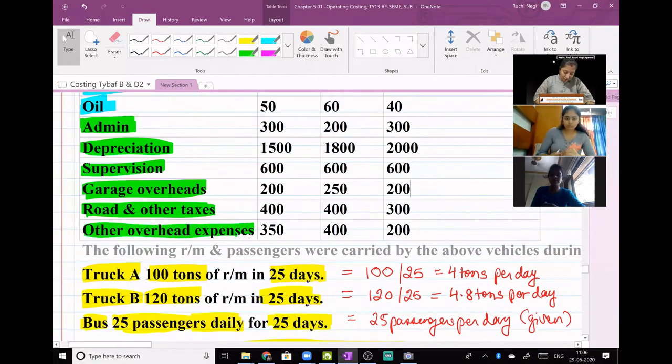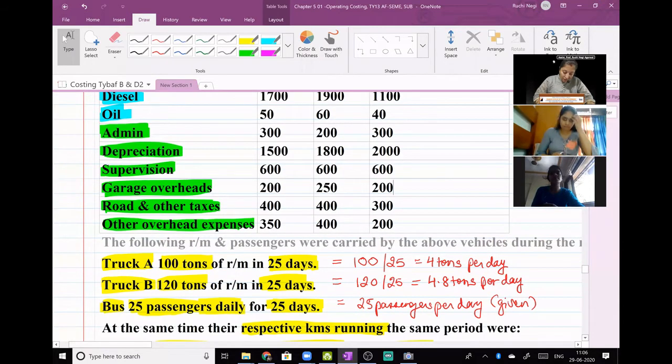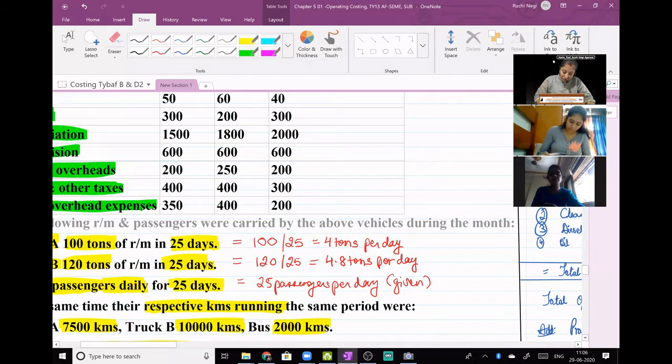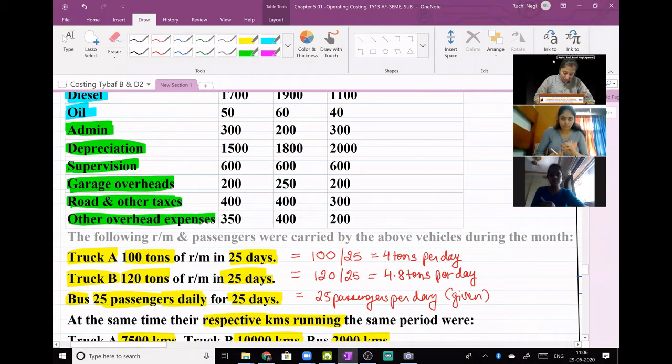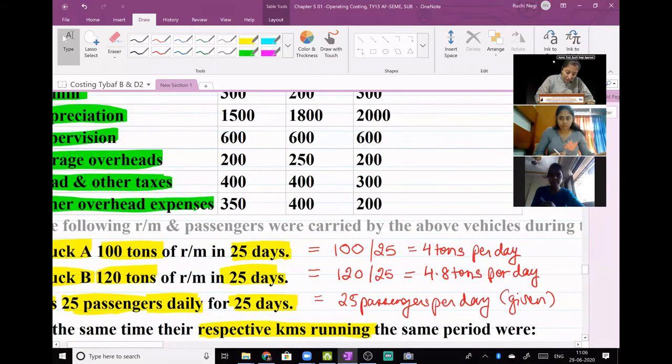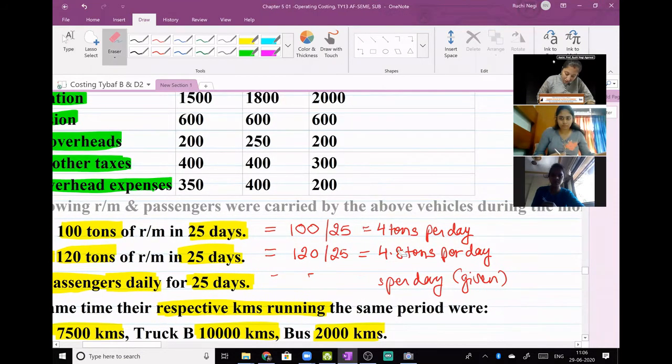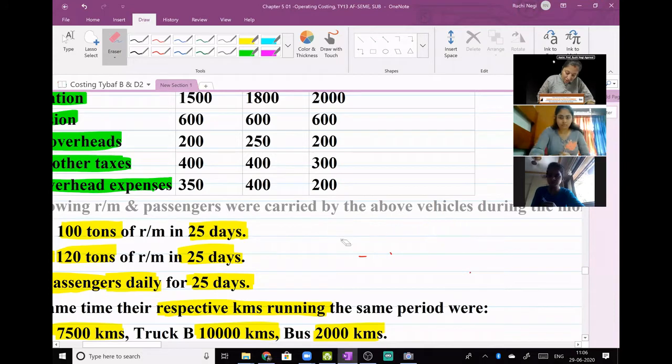Next, the following raw material and passengers were carried by the above vehicles during the month. Okay, now let us see this. Now see this information which is there.